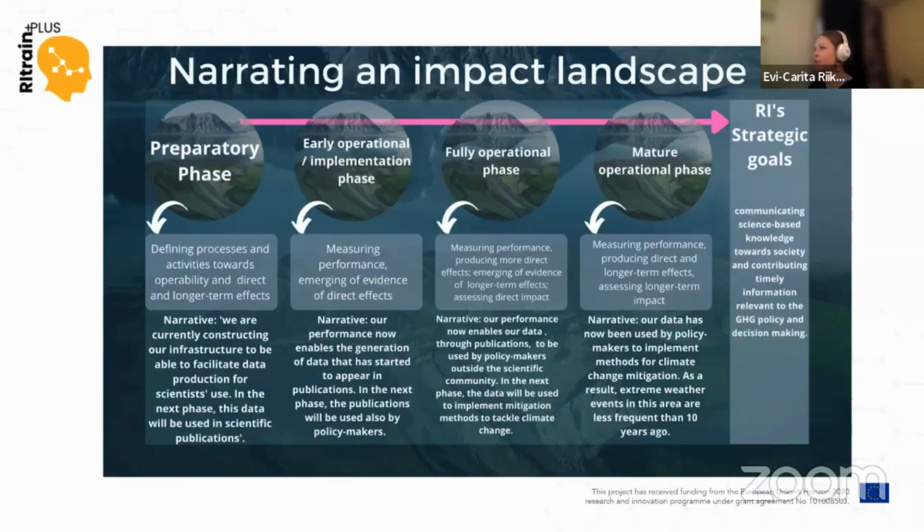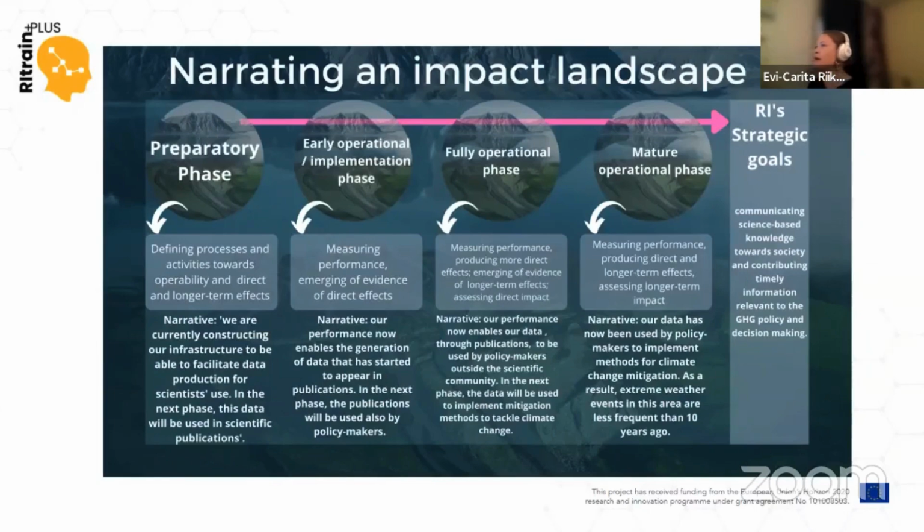So we have the preparatory phase, early operational or implementation phase, fully operational phase, which means after at least one 5-year period, and a mature operational phase that would be at least two 5-year periods. These are not official definitions of what each phase means, because they might differ between the RIs, but you get the idea behind it.